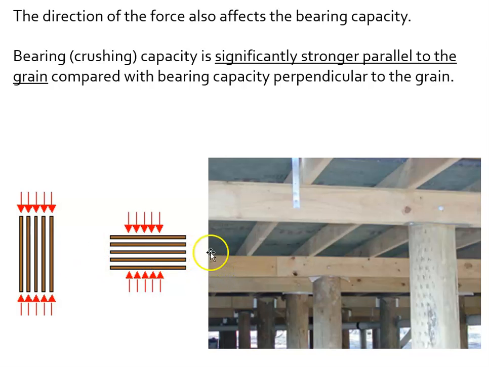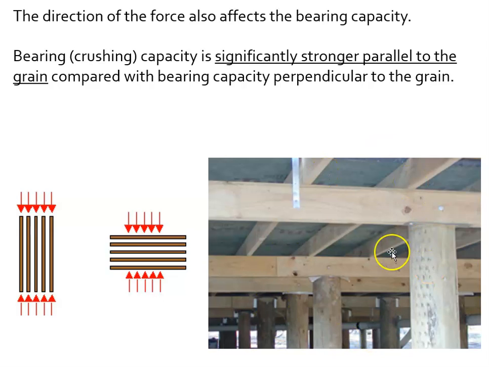So here the wood grain is running, so this would be a beam loaded perpendicular to the wood grain, experiencing compression perpendicular to the grain. This would be a column loaded in compression parallel to the grain. All right, bearing or crushing capacity is significantly stronger parallel to the grain compared to perpendicular. So bearing or crushing is less likely to occur in the column, more likely to occur in the beam.